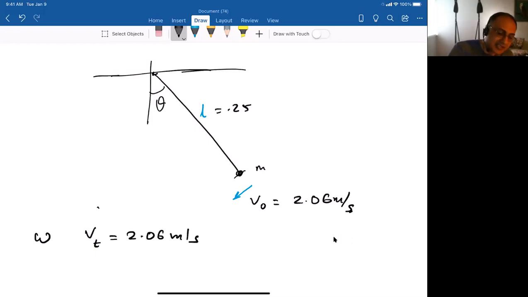That's exactly what the tangential velocity is. The speed of the object along its circular path. So the speed with direction is velocity, and just the magnitude is the speed. So we already know the tangential velocity. Is there any way I can find the omega from here?